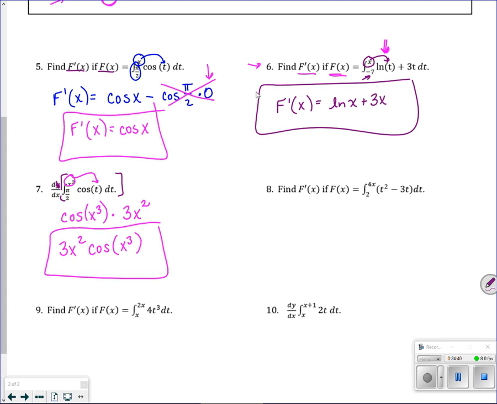Number 8 says, they're asking me for the derivative of a function defined as an integral. I think that's easy. Second fundamental theorem. So I replace all the t's with 4x. So I have 4x squared minus 3 times 4x. I'll just do it like that.